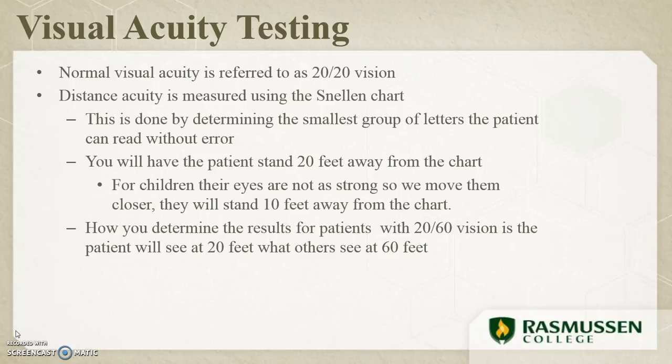The result is the last line that they can read without any squinting or errors. It will be read and written as a fraction, just like your blood pressures. So for example, if a patient has 20/30 vision, that means that they can read at 20 feet what others would read at 30 feet.